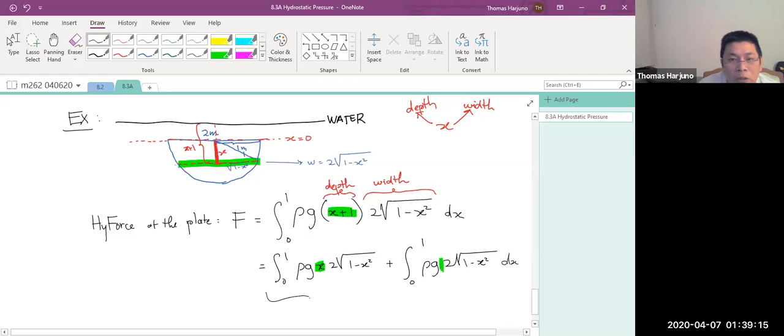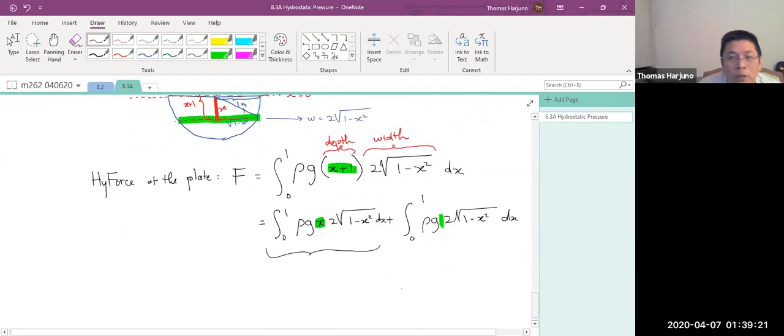We computed that earlier. What's that? 2 over 3 rho g. Well, this one here, that's 2 rho g integral from 0 to 1 of the square root of 1 minus x squared dx. Now you need to compute that yourself further.